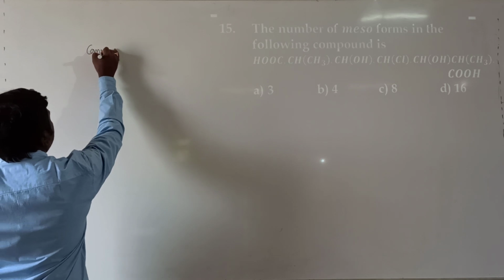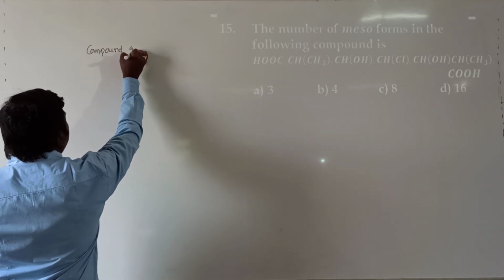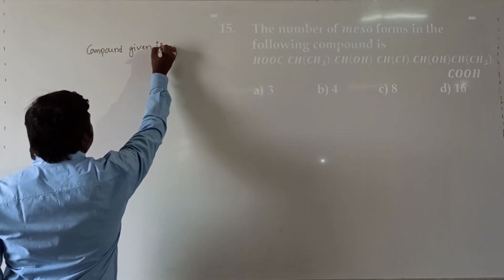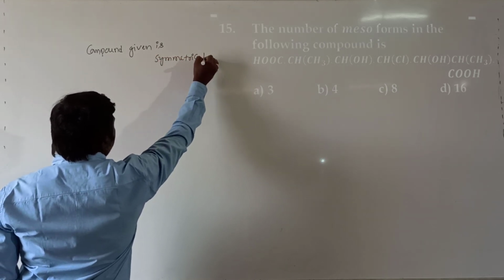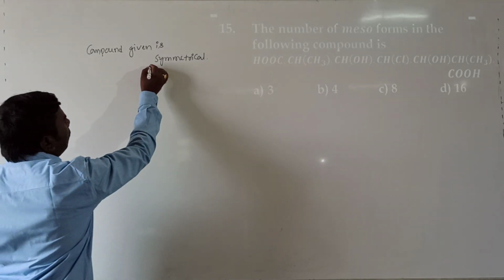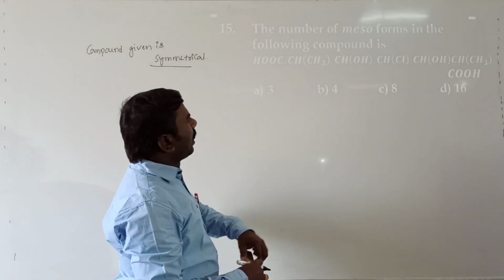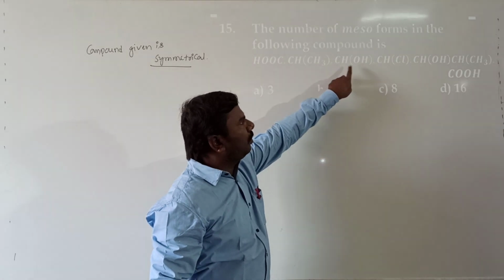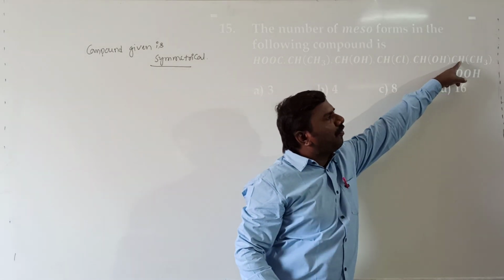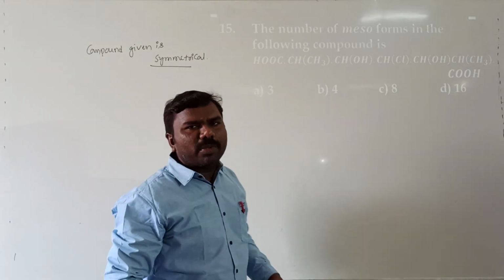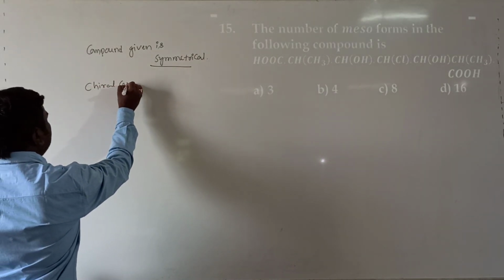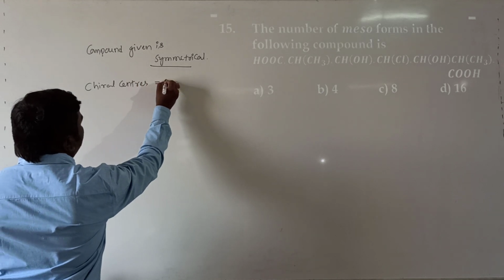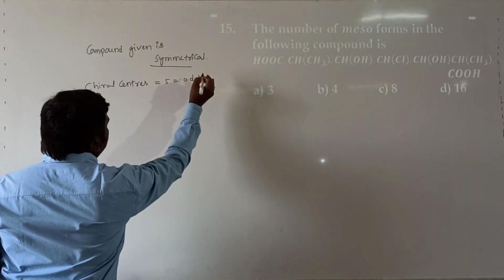The compound given is symmetrical, and chiral centers are 1, 2, 3, 4, 5. Five means an odd number of chiral centers. Totally 5, it is odd.